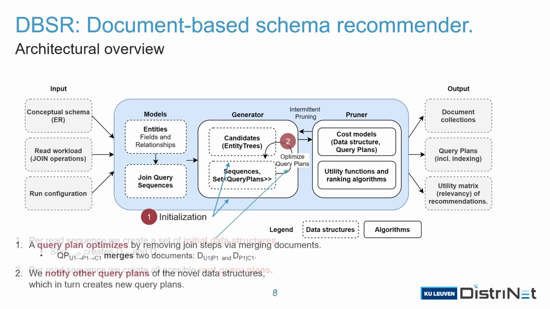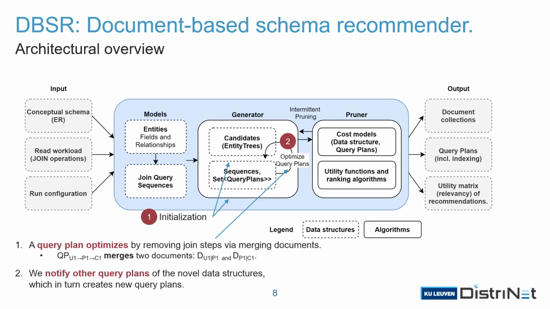So we will start to optimize query plans by removing a join step. We take a random query plan, in this case users that are joined together with the products that the user sells, and the comments that were made by previous buyers on these products.